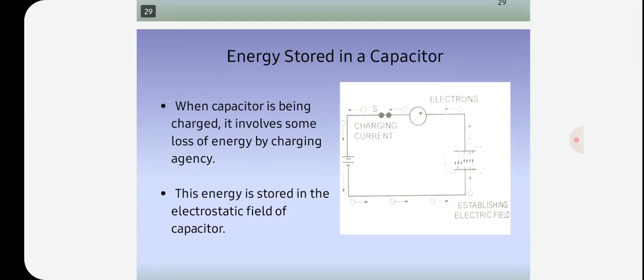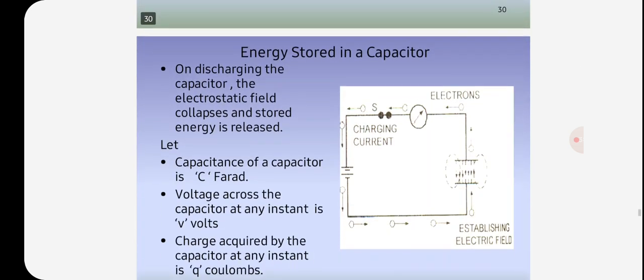Here, when the capacitor is being charged, it involves some loss of energy by the charging agency. This energy is stored in the electrostatic field of the capacitor.